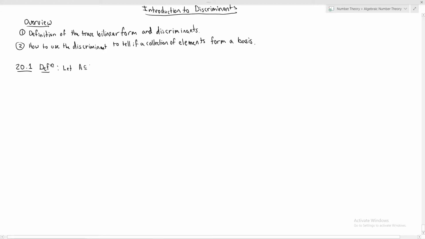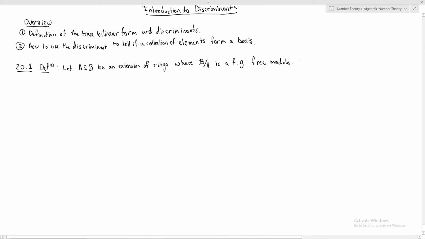A contained in B. This is going to be an extension of rings, where B is a finitely generated free module over A. Okay, so the important part is that there's some finite basis for B over A.